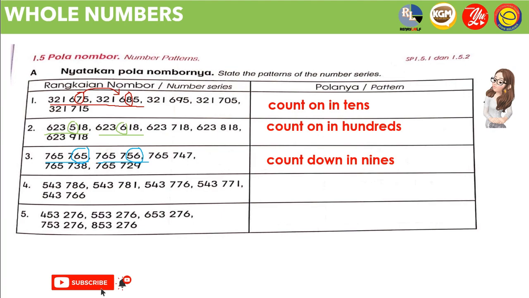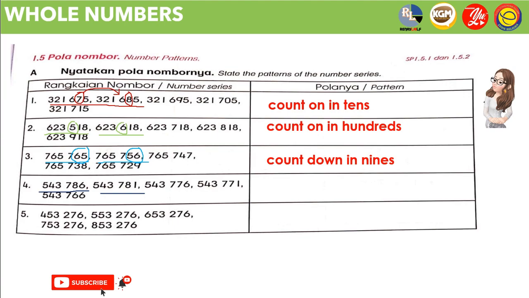Yes, it's actually minus. Alright, 765,765 minus 765,756 is actually minus by 9. So the pattern is count down in nines. Alright, let's look at the next question.